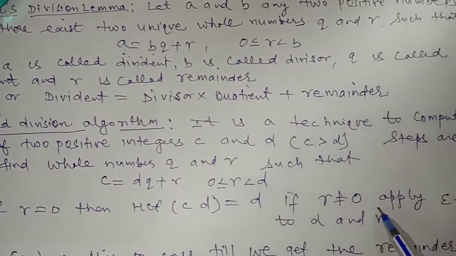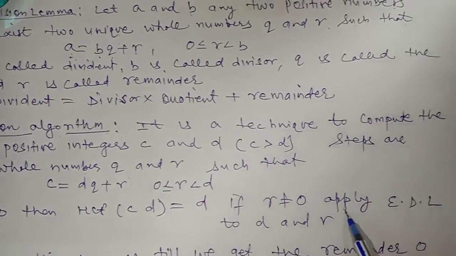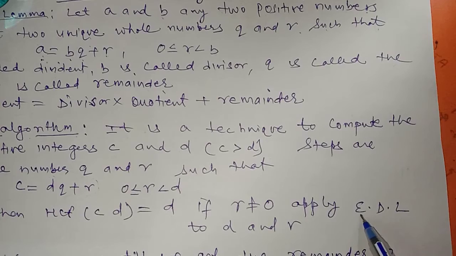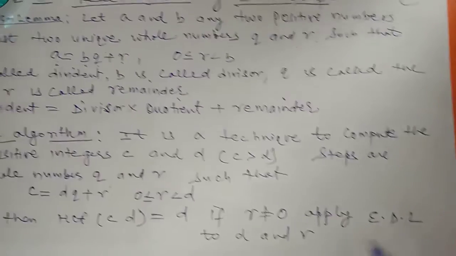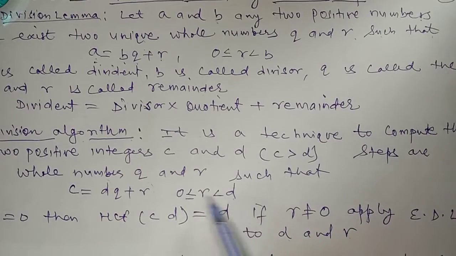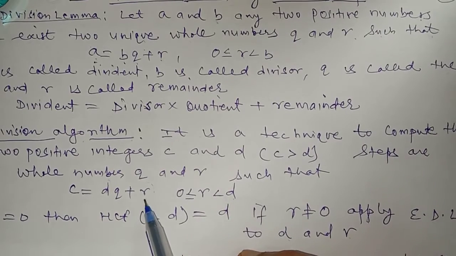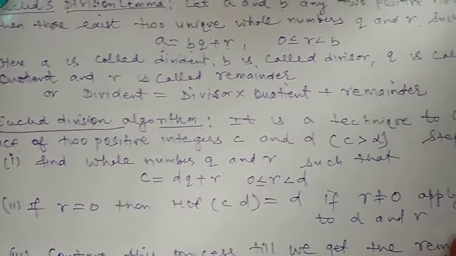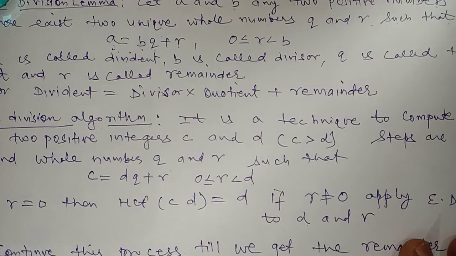Now if R is not equal to 0, meaning the remainder is not 0, apply Euclid division lemma again to D and R. Now it will be D and R, it will change. You will have a good idea when I take the example, then it will become more clear.